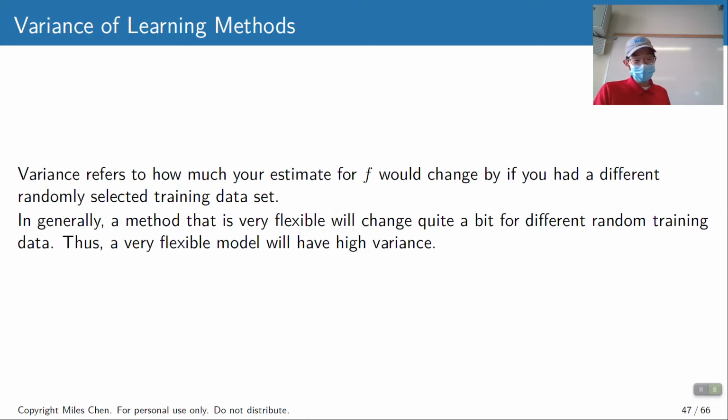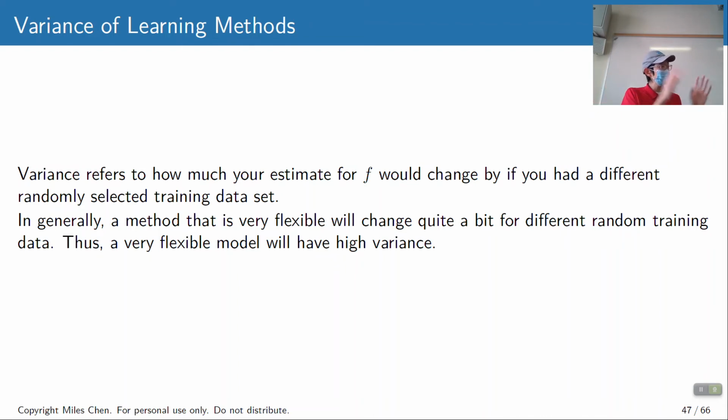So the variance, on the other hand, is how much does your estimated model change depending on the training data that you have? Okay? So if I gave you the homework assignment, I say fit a linear model to a certain set of data. And some of you I give one random set of data, some of you I give another random set of data, and others of you I give a different random set of data. They're all of these random data generated from the same true model.